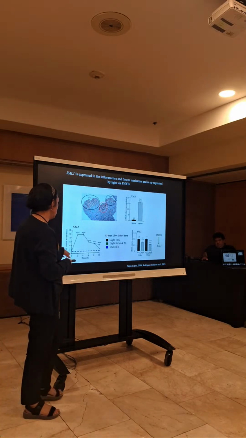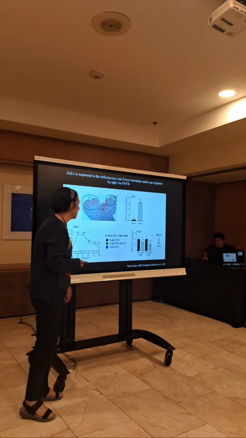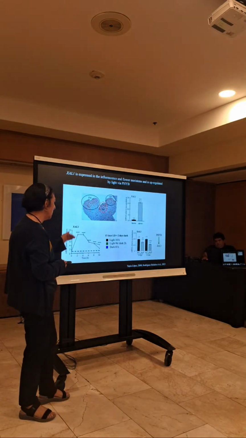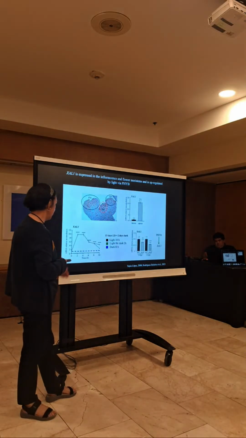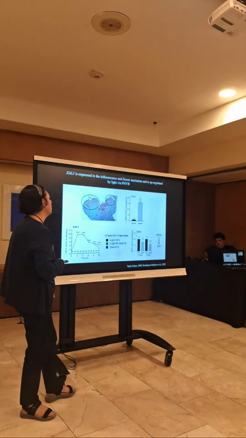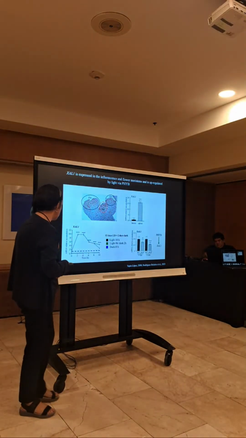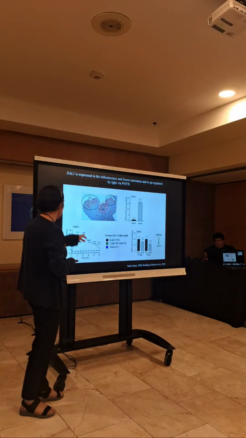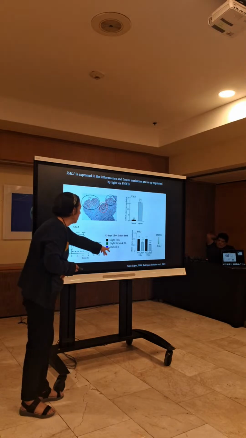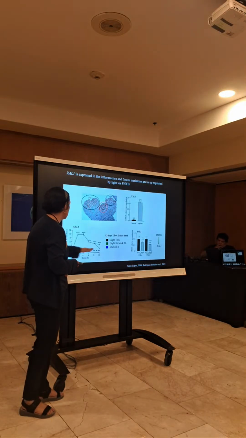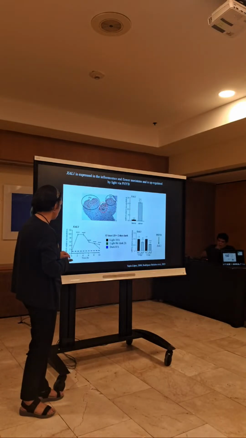In this experiment, we grew the plants 13 days in long day photoperiod, then we kept the plants two days in the dark, and then we turned on the light again for 10 hours. As you can see, the expression of Chantal1 peaks between 2 and 4 hours, and then declines, while in the plants that were kept for these 10 hours in the dark, Chantal1 could not be induced.